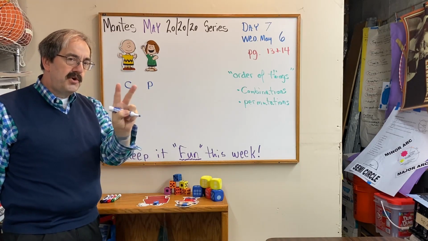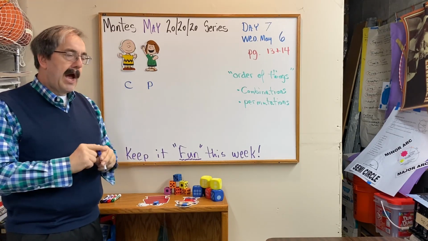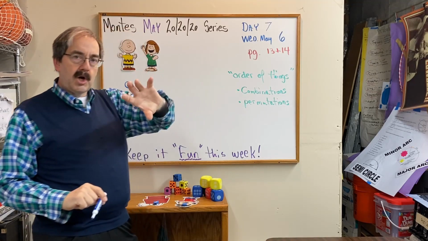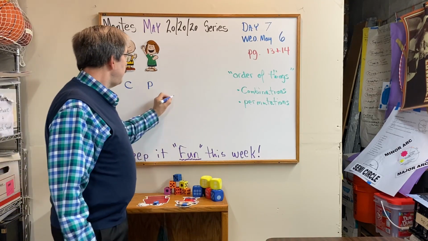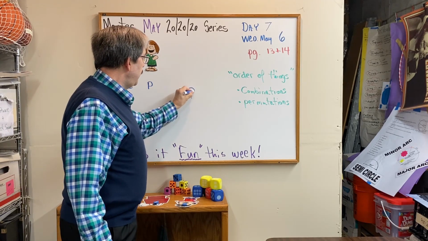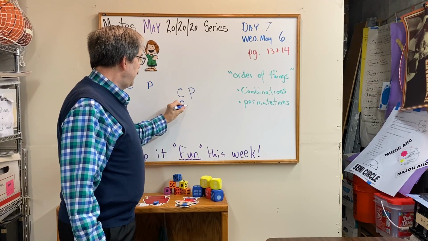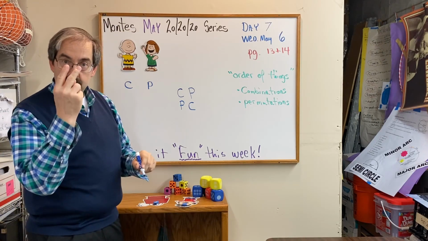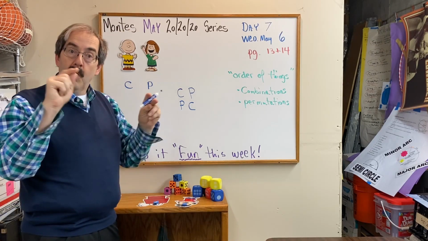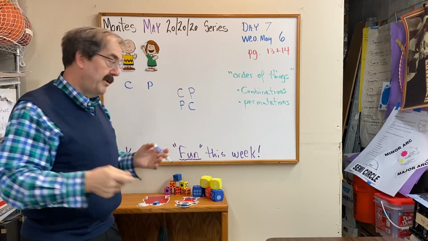If I have two items, how many possible combinations are there? CP, PC. Two items, two orders, two combinations.